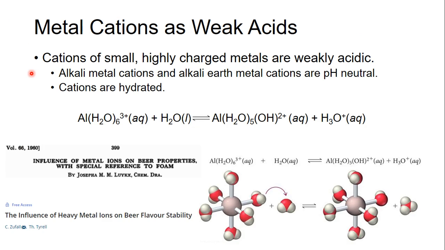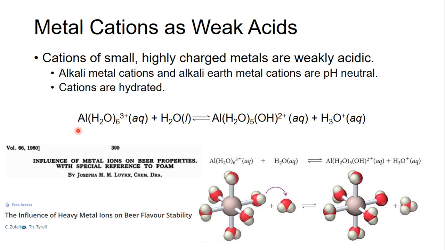So let's say that you're dealing with a compound that's a metal. How is a metal going to affect a pH, a metal cation? Small, highly charged metals are actually weakly acidic. And at first, that doesn't make a lot of sense. Why should metals be acidic? Metals aren't bases.